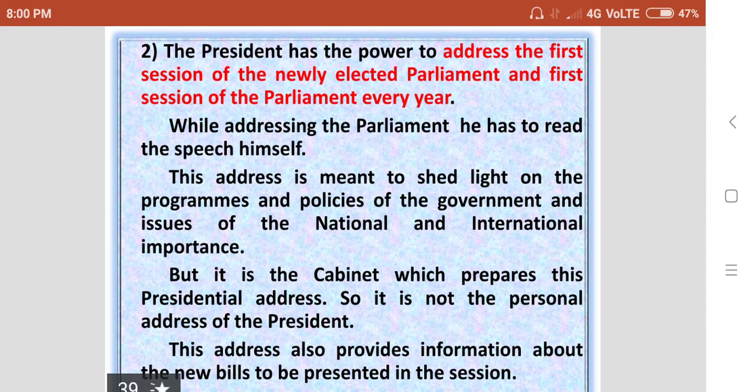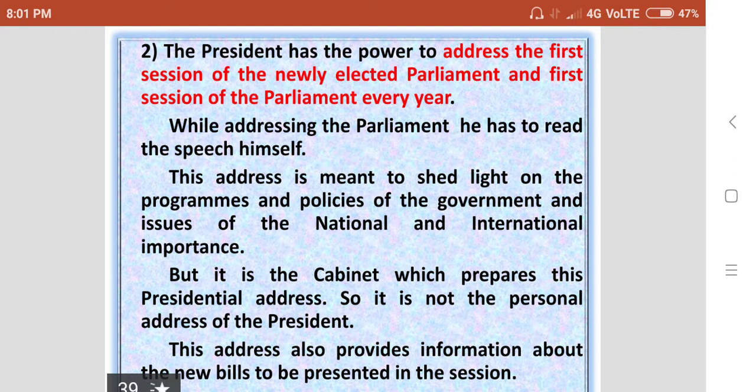Second legislative power: the President has the power to address the first session of the newly elected Parliament and the first session of the Parliament every year. So every year, in the first session at the beginning of the year, the President should address the members of the Parliament.